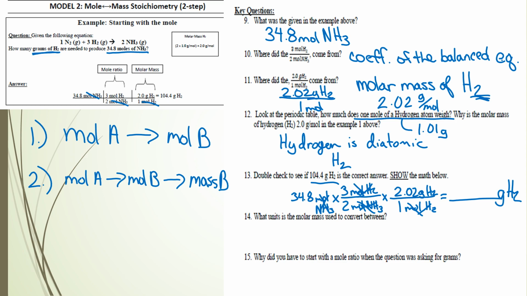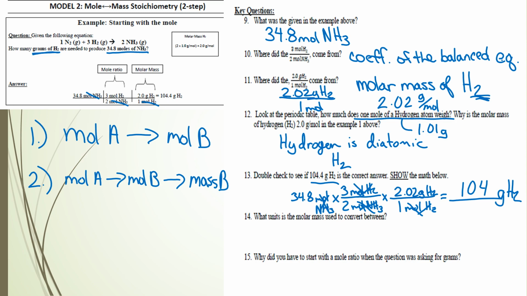All right. Now, something else you'll notice, if you use the 2.02 like I did, what did it come out to be? It came out at 105. But if you use 2.0, it comes out to 104. The big thing is 3 sig figs. You have to maintain those 3 sig figs. On the ACT, there would have been that variance where you could have gotten away with 105 and 104 as the answer.